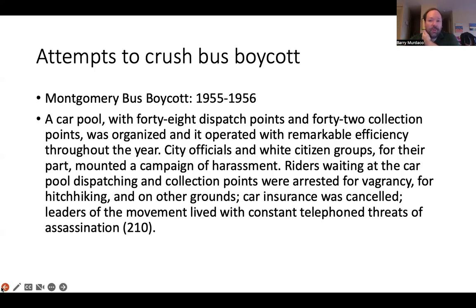So the first mass movement of the civil rights movement, at least in the 20th century, or during the period of time that they follow here, was the Montgomery bus boycott, which lasted from 1955 to 1956. I think everyone's somewhat familiar with this.